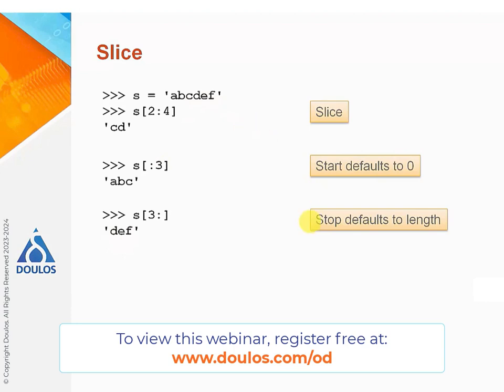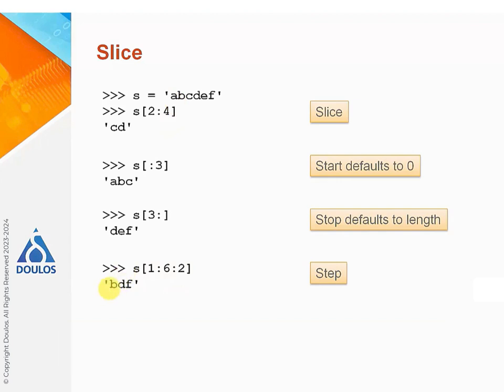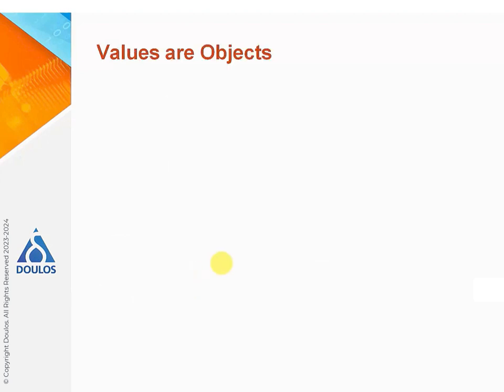And as well as a start and a stop, a slice can also have a step. So s[1:6:2] is giving us a string that starts at position 1 or B and then moves down the string in steps of 2, stopping before it gets to position 6, B, D, F in other words. Slicing is very useful. We'll come back to this idea later on.